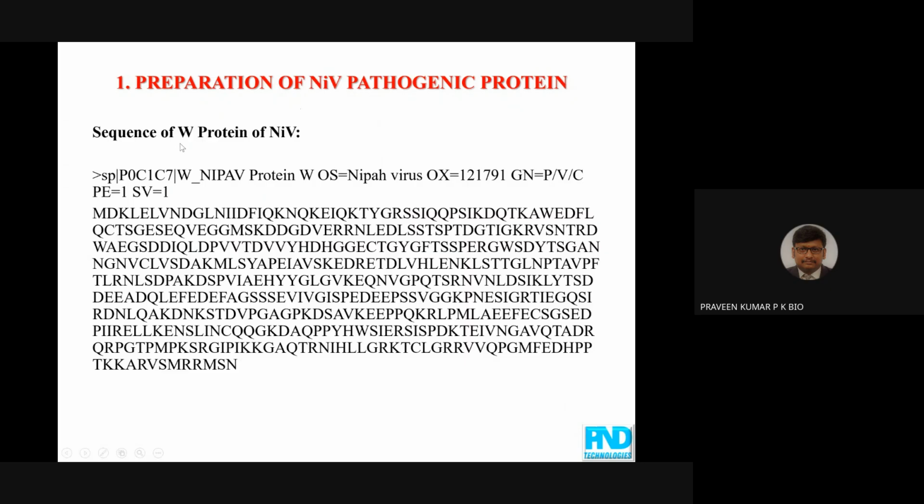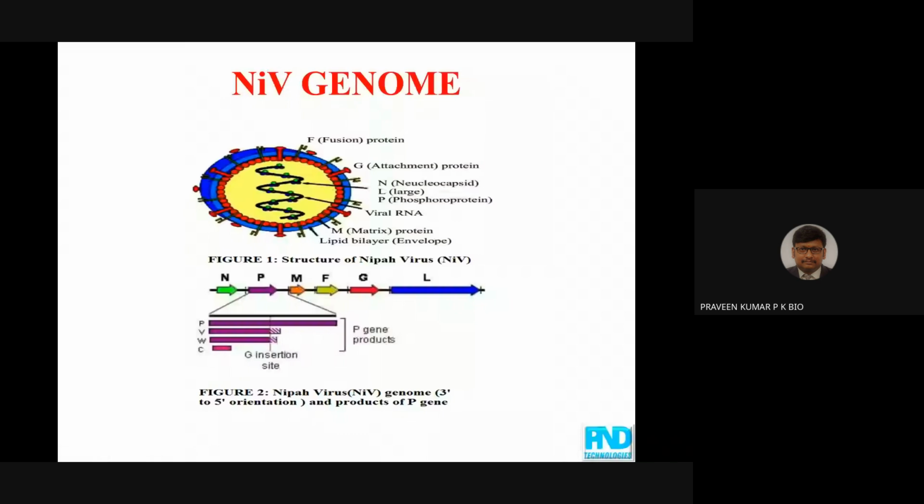Like I was explaining on the W protein, I told you we have so many structural and non-structural proteins. I take you to that slide. If you see this Nipah virus genome, we have proteins like fusion protein F, G, N for nucleocapsid, P for phosphoprotein, including M matrix proteins.